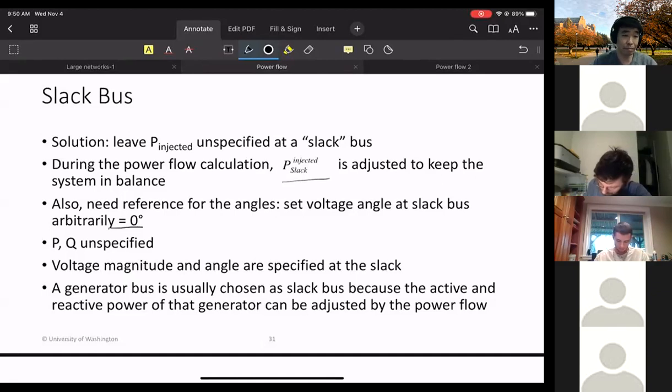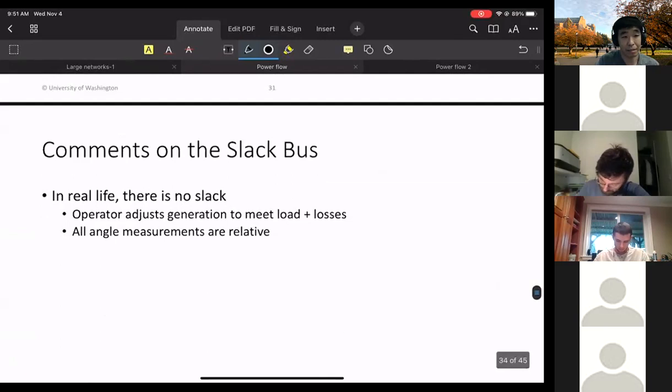Okay, so in practice, in real life, there's no slack bus, right? When you operate a real system, you put on generators, you put on loads, the power flow is whatever it is. So slack bus in some sense is a more artificial construct of the way we think and solve equations in a power system.